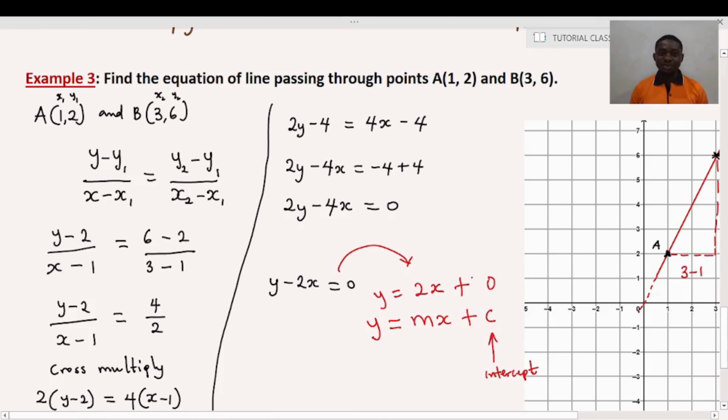And the last explanation explained to us that if we are given any equation of a line in the form y plus x equals to 0, from the given equation, you can determine the intercept and the gradient.